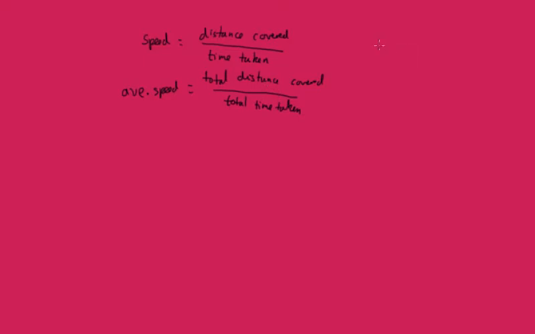Now this speed is a scalar, just in the same way as distance is a scalar. Velocity is its vector equivalent. Velocity is the change in displacement over the total time taken.